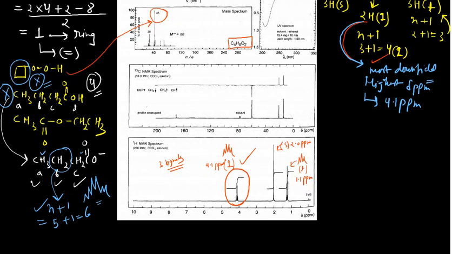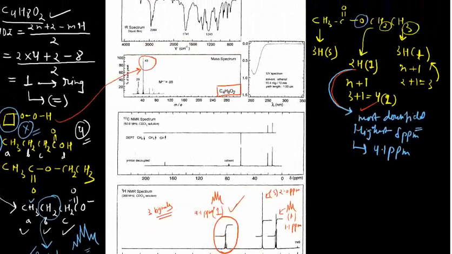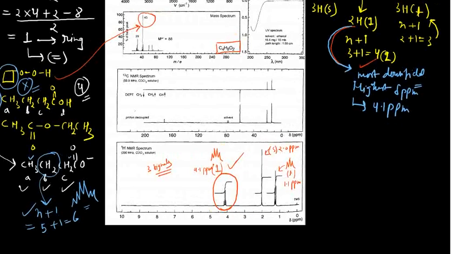Now if you go further, this triplet, you can see, is far away from the oxygen atom. So it is the most upfield. Upfield means the chemical shift value for this CH3 would be the least, a very small value. And you can check in the spectrum, it has a value of 1 ppm for this triplet.